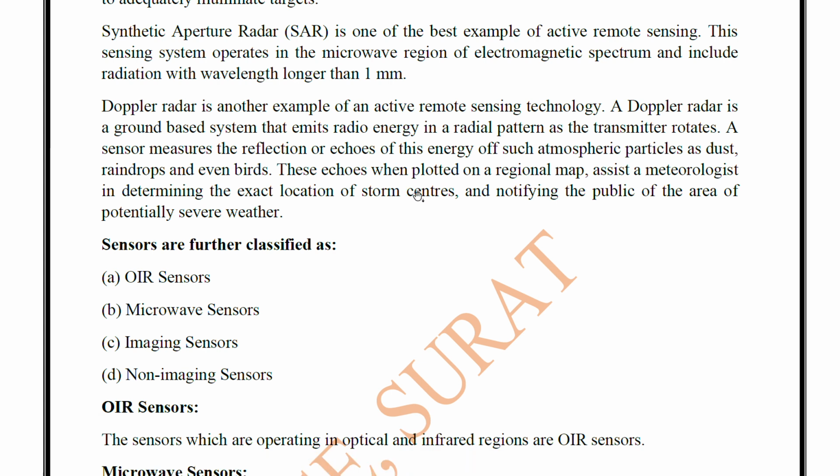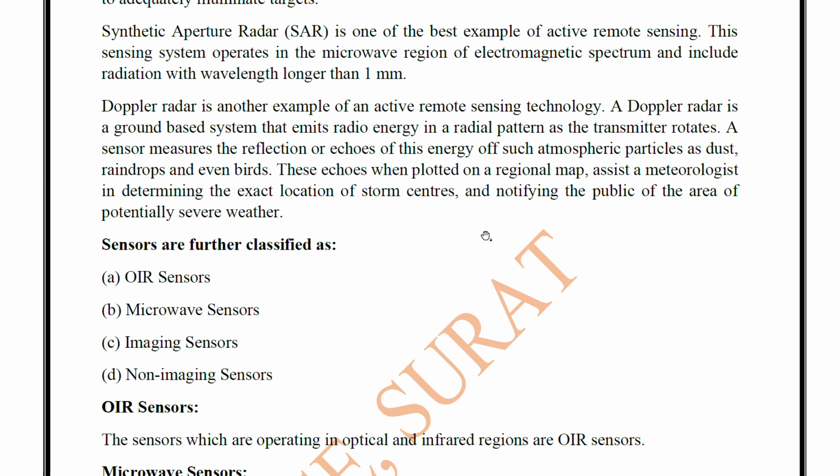A Doppler radar is a ground-based system that emits radio energy in a radial pattern. As the transmitter rotates, a sensor measures the reflections or echoes of the energy off such atmospheric particles as dust, raindrops, and even birds.